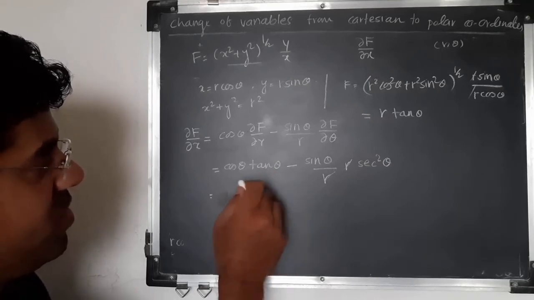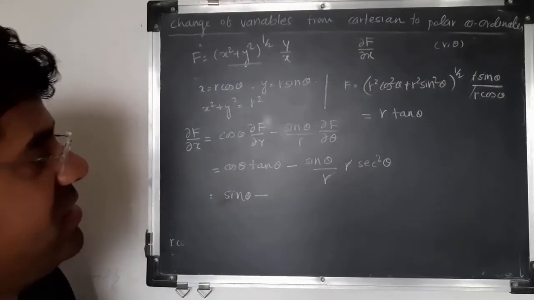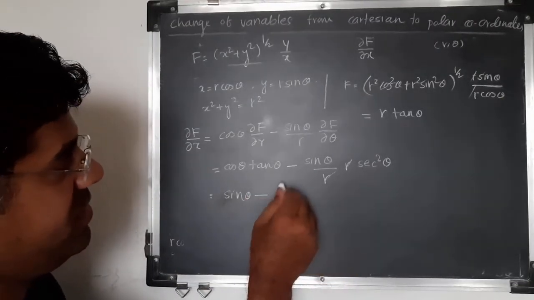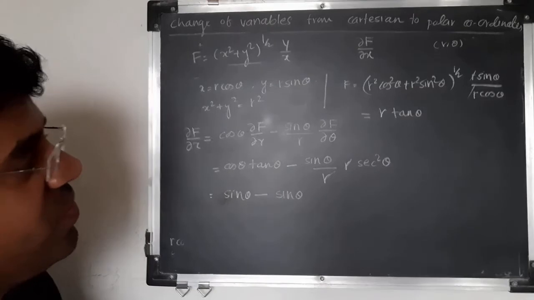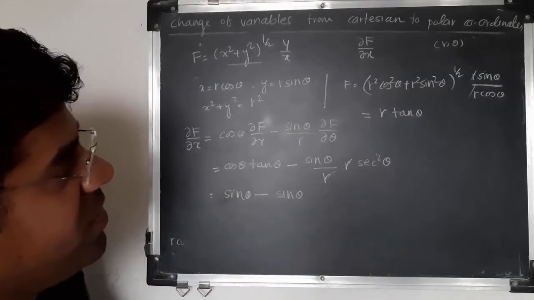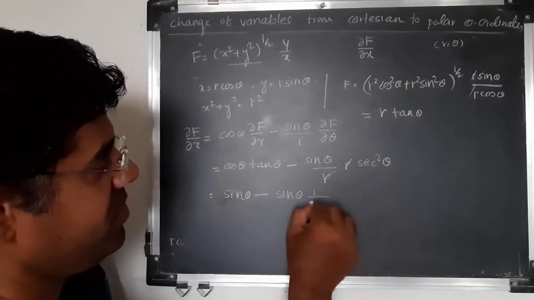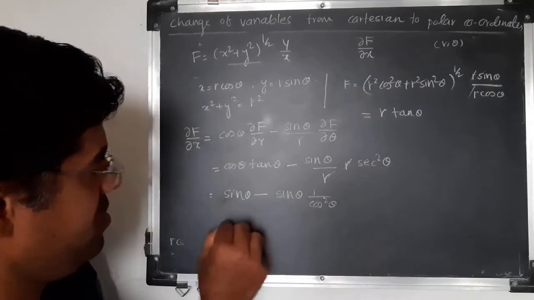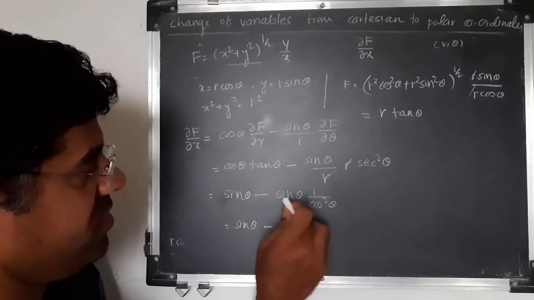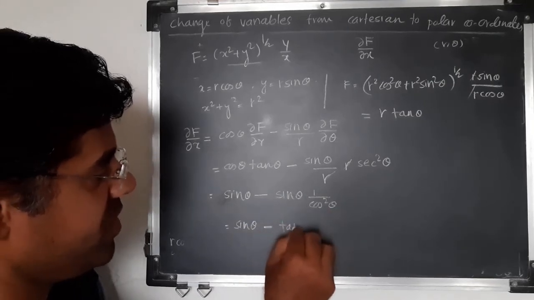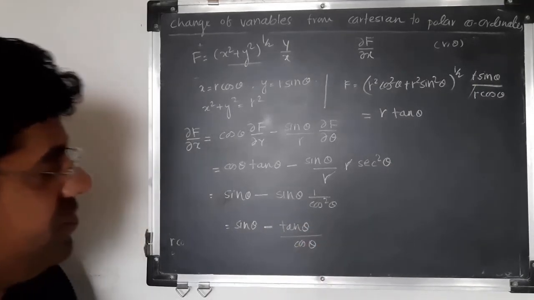So sine upon cos, cos gets cancelled, so you will get sin θ, minus this is sin θ into 1 divided by cos² θ. So sin θ minus sine upon cos, which is nothing but tan θ, divided by cos θ.